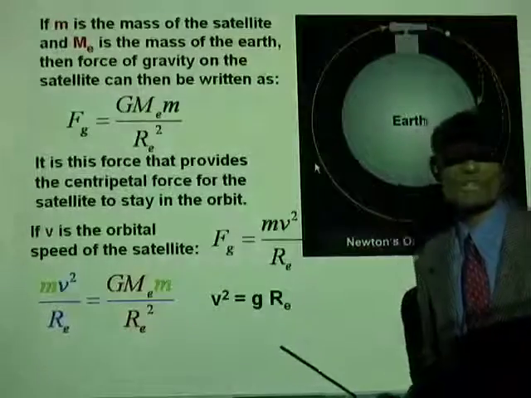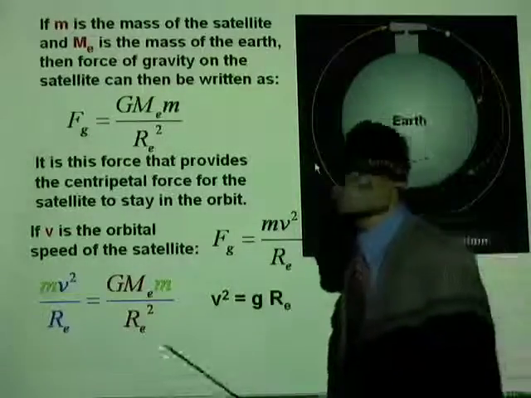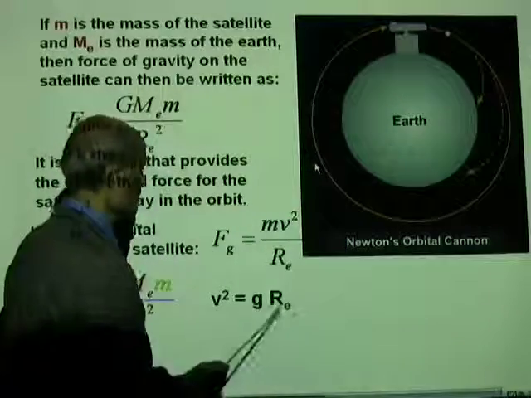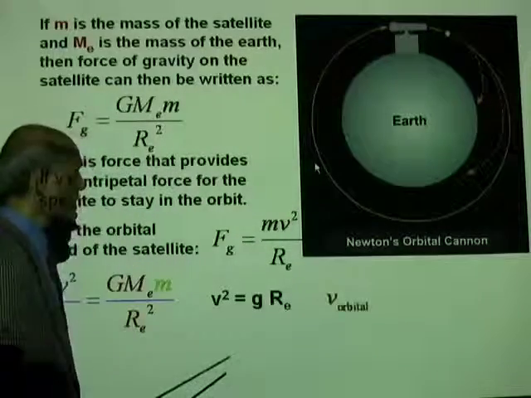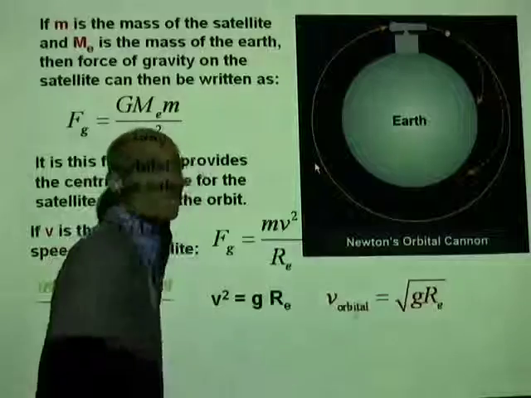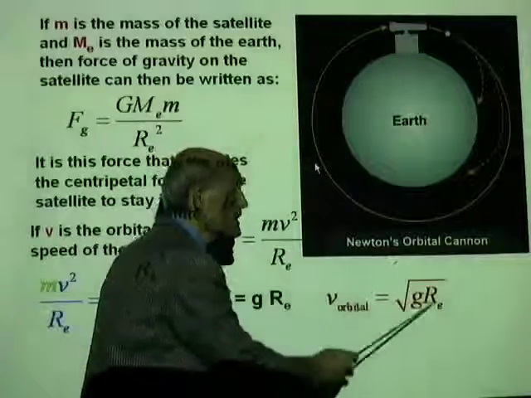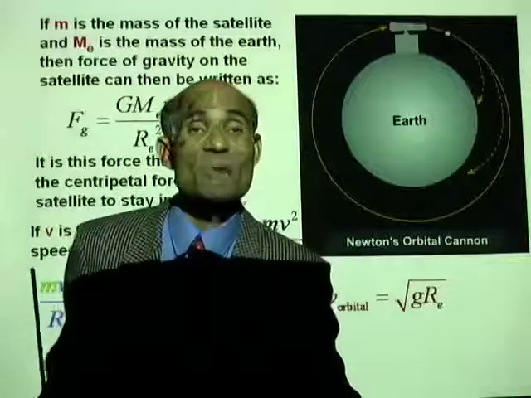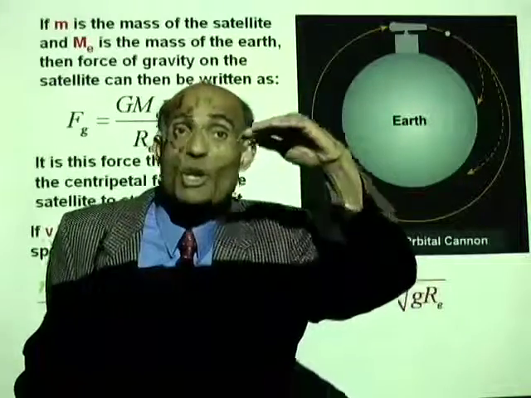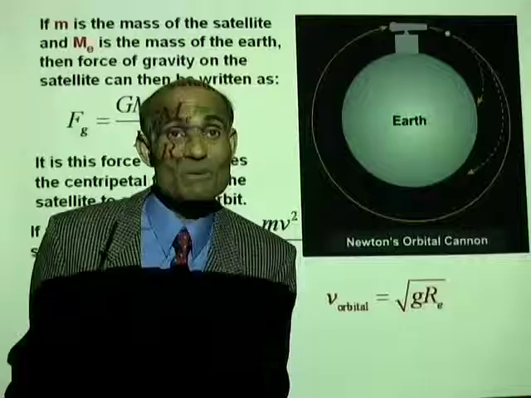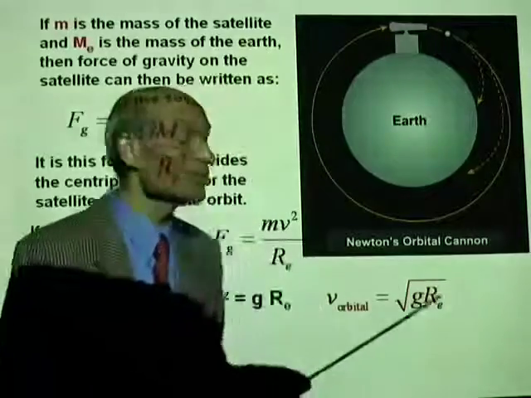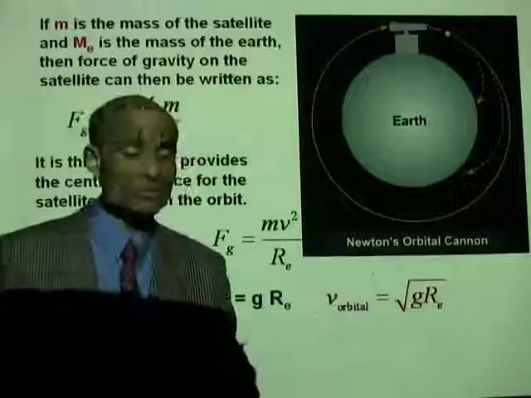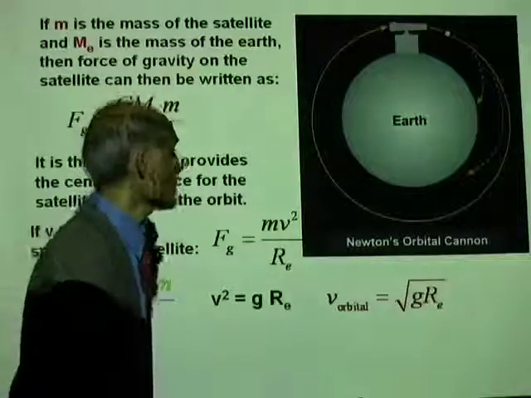And therefore, what is v equal to? v equal to the square root of g RE. The orbital speed, the speed that is necessary to keep an object in a low orbit, I'm not talking about a high orbit, in a low orbit is the square root of g RE.